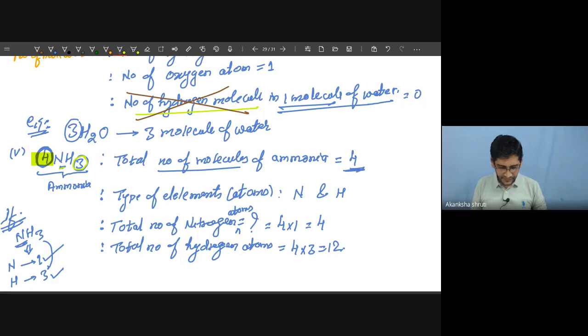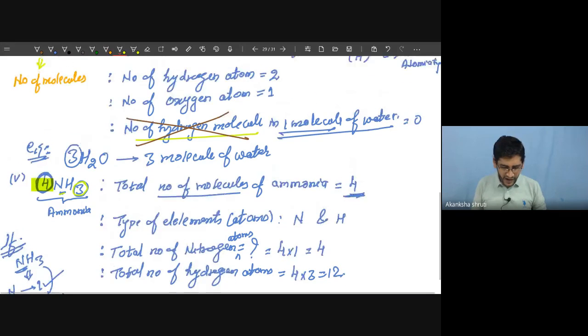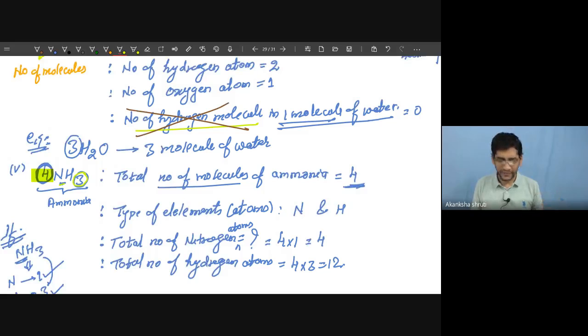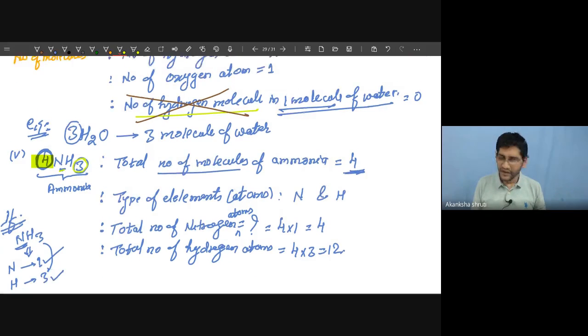Now, after this, how is this NH3 formed? There are various other molecules. Okay, if we consider the 6th one, say HCl, it is called hydrochloric acid.